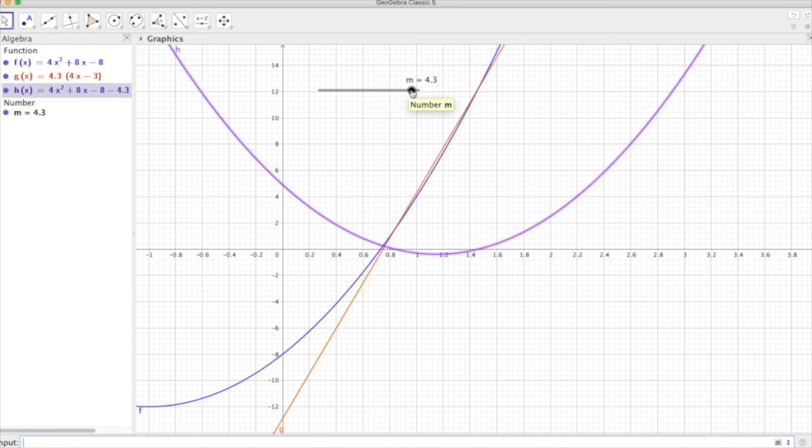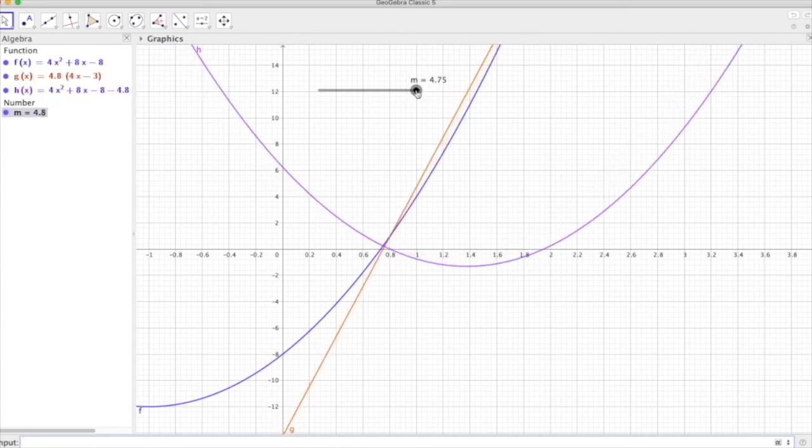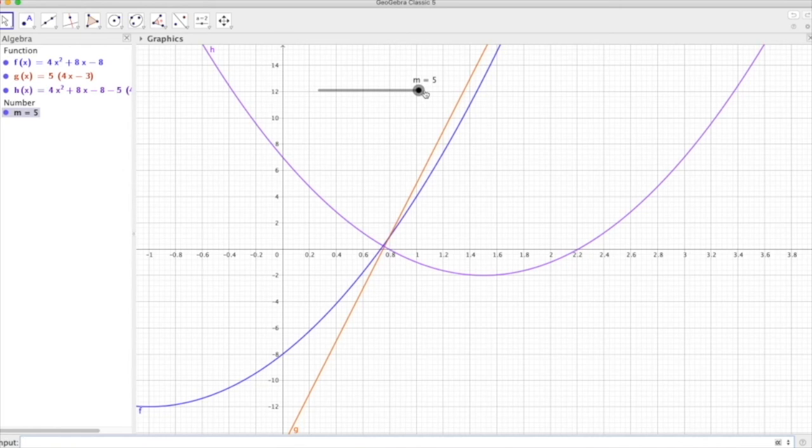Now what happens is, you can see that that quadratic is below 0 between here and here, and as we increase the value of m, it more clearly goes below the x-axis, or the y equals 0 line.